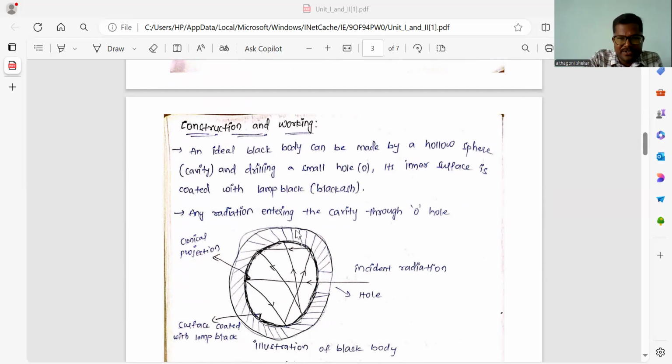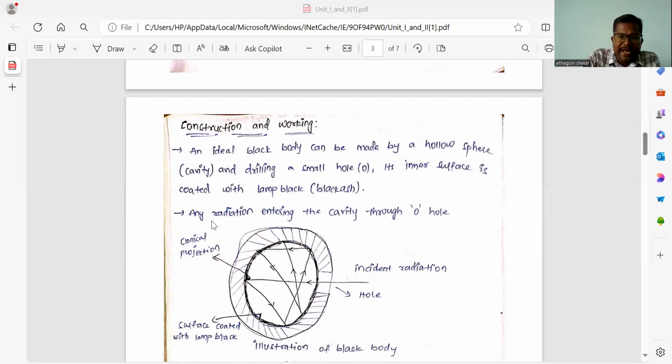See the picture, this is the hollow sphere, a cavity with a small hole drilled in it. Its inner surface is coated with lamp black, the black soot.